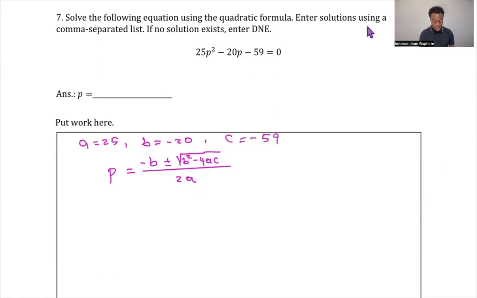Now we can just substitute the A, B, C values.